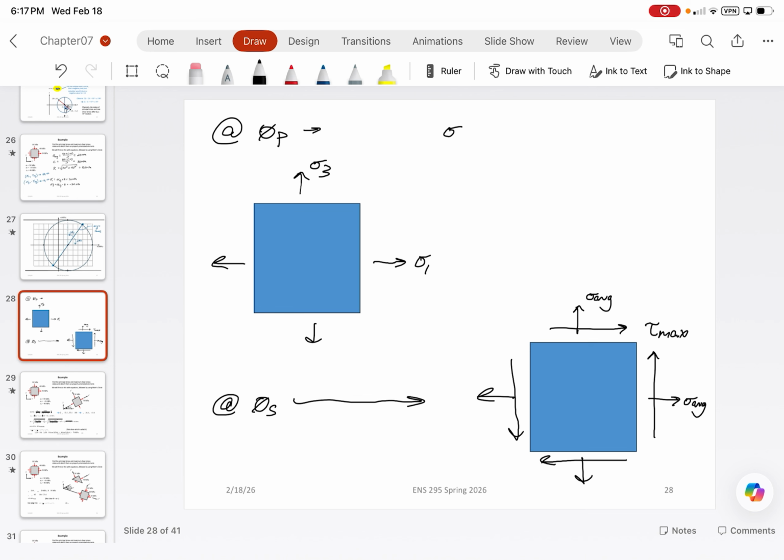So if you remember, sigma x prime plus sigma y prime is equal to sigma x plus sigma y. In the same way, sigma 1 plus sigma 3 should equal sigma x plus sigma y. And that should equal 2 sigma average, because sigma average is just the average in 2 directions.